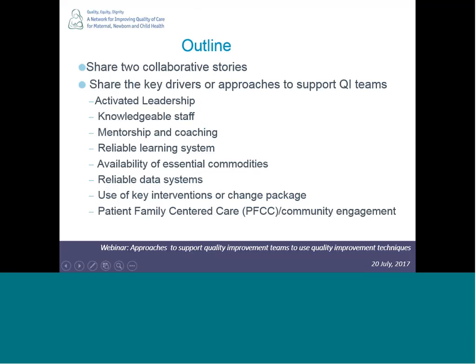First of all, I'll be sharing 2 collaborative stories for South Africa and Malawi, mostly to showcase the topic and to showcase the ways that we could improve or help QI teams do their work. And then I'll also share key drivers that can help QI teams to do better, and also the support that they need to focus on improvement and be able to support it in all the areas to do QI.